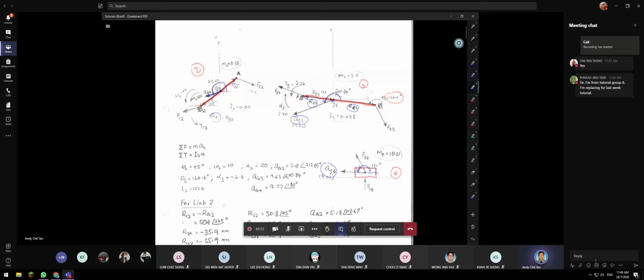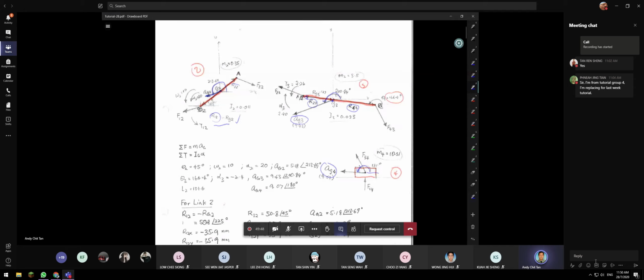You can see my R12 is equal to minus RG2. RG2 is given. R12 is not given, but from the given value of RG2, I know it is minus R12. They are in opposite directions, so you have to remember this.